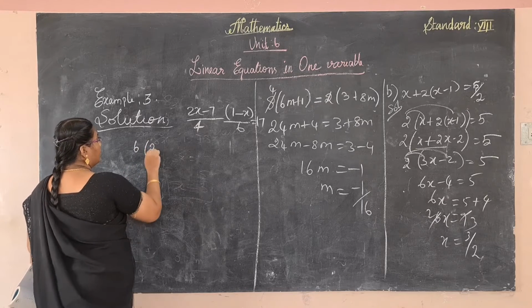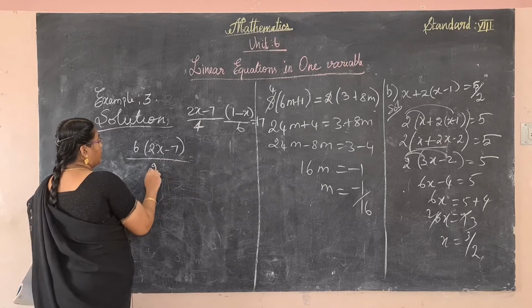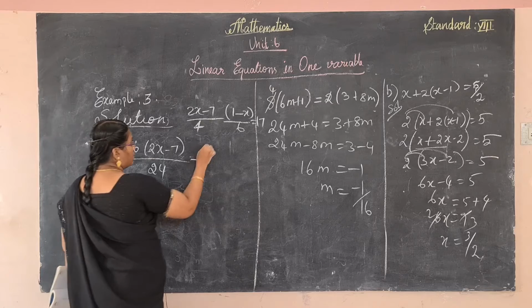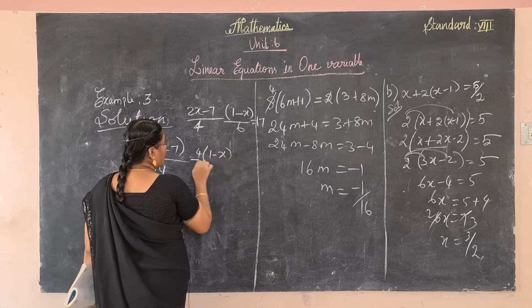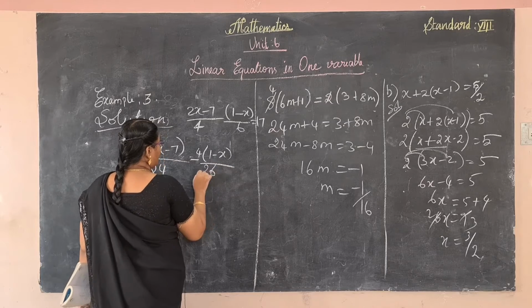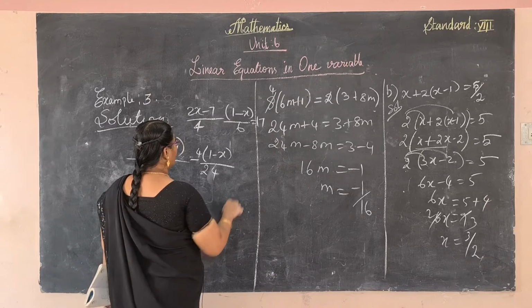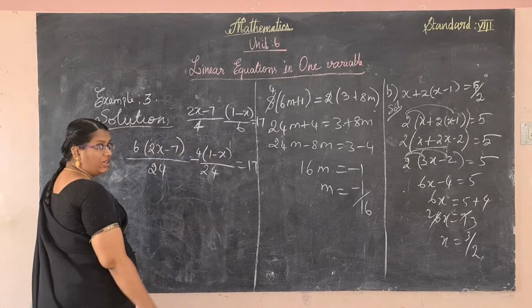Okay, so (2x minus 7) by 24. Here minus 4 into (1 minus x) by 24. 6 4s are 24. Here 17. Okay. The denominator values are the same.